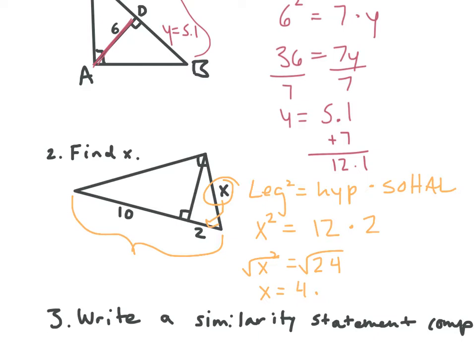You guys agree, disagree? 4.9. On the test it'll say leave in decimal or leave exact, but either way will work. So if you want to leave it as 2 root 6, you can leave it as that.